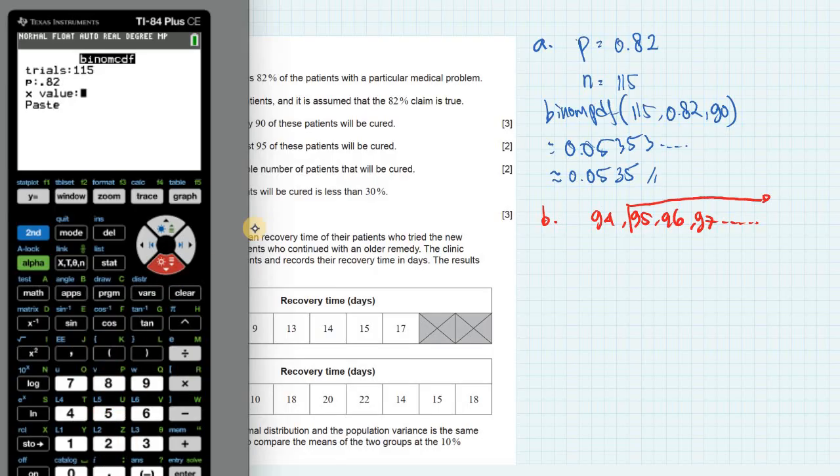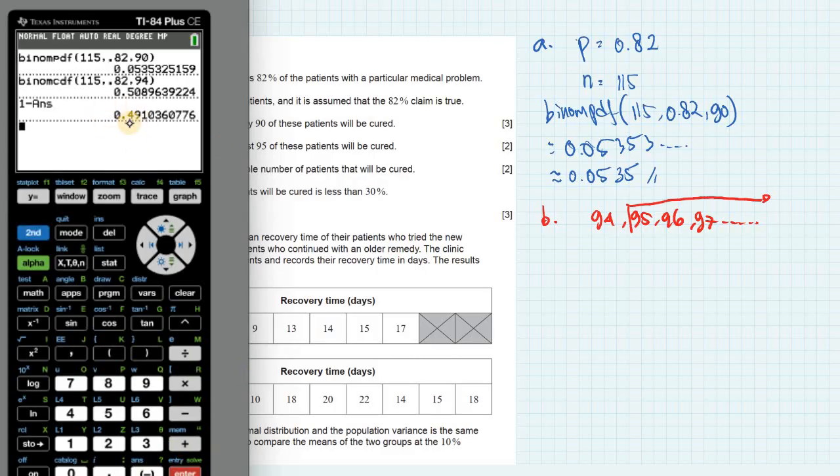Now, the problem with my calculator is that it only calculates from the left, from 0, 1, 2, 3, 4, 5 up until 94. So what I do is I put 94, enter, and then the answer will be 1 minus whatever my answer is there. The answer will be 0.4910 and so on.